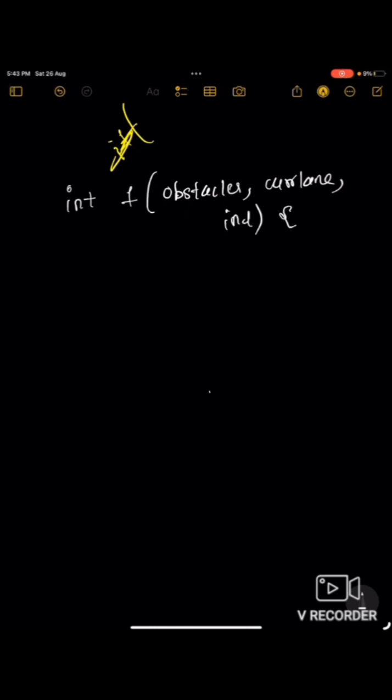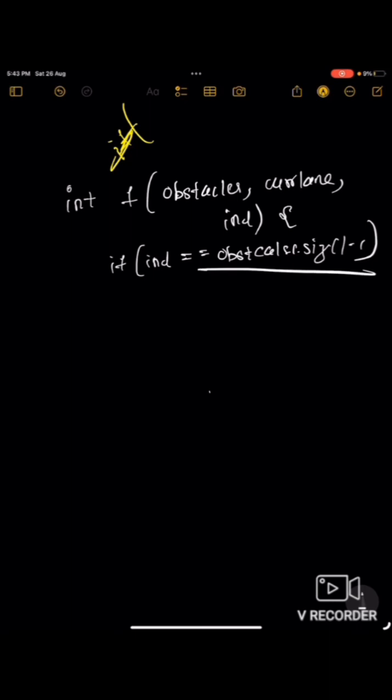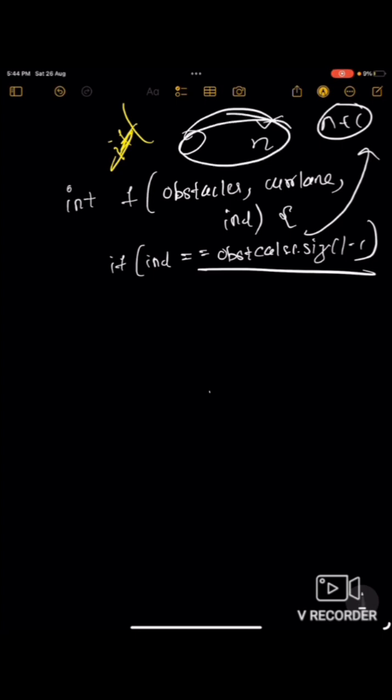So what was the base case that we discussed? If index is equal to obstacles dot size - 1. See, the size of obstacles is n+1, but you will be reaching from index 0 to n. That is the reason we are doing size - 1 here. In this case, the number of jumps required will obviously be 0, right?